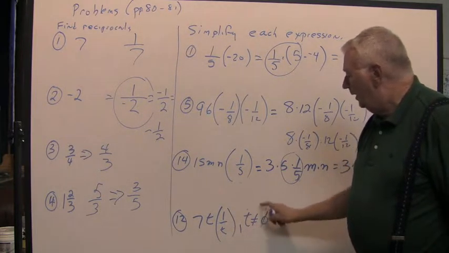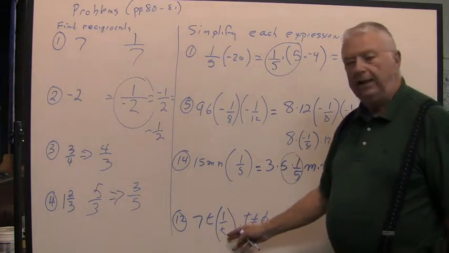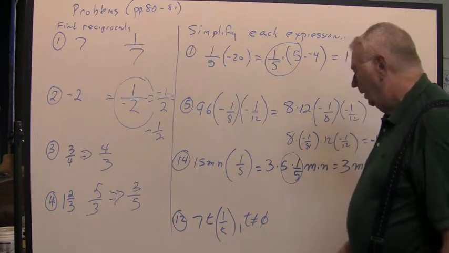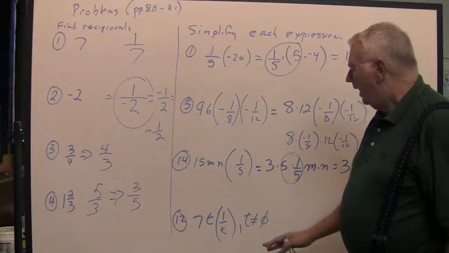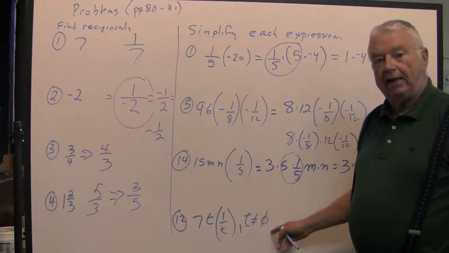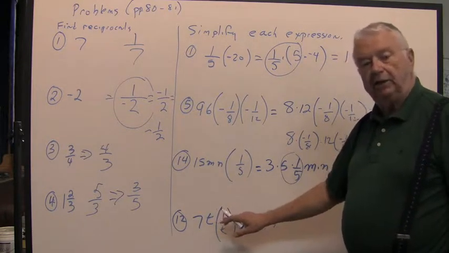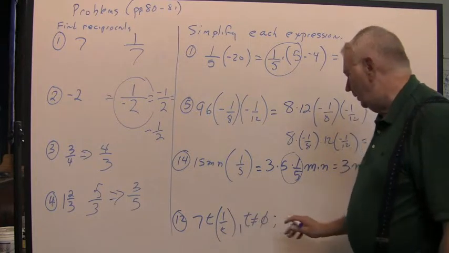The last one I put in here just so that you can see about that, the denominator, we can't let the denominator be 0 because then it becomes undefined. And so in the problems it will say where t is not equal to 0. So we're actually looking at the reciprocal of a variable, t and 1/t.